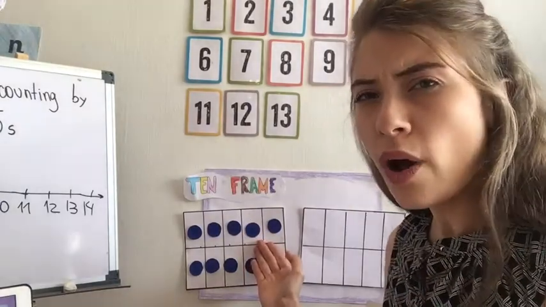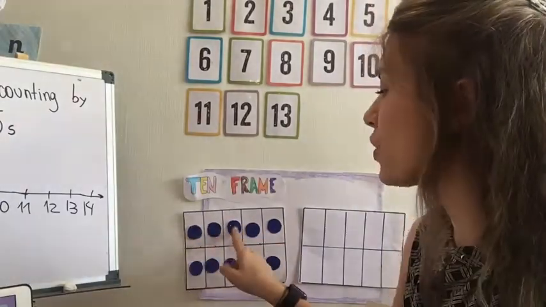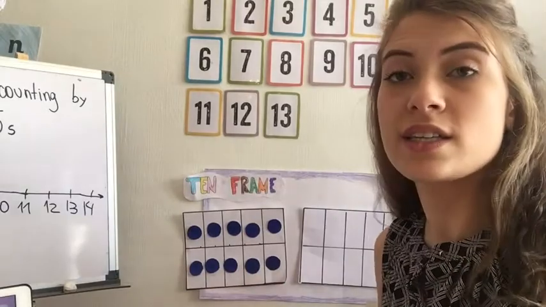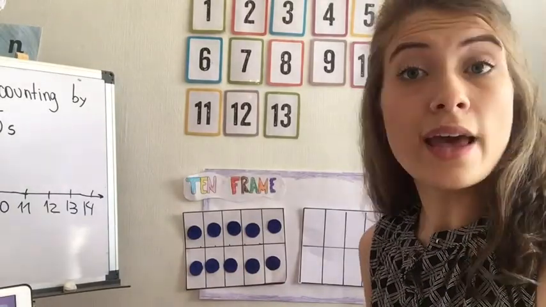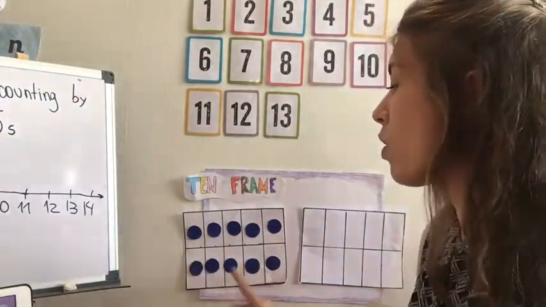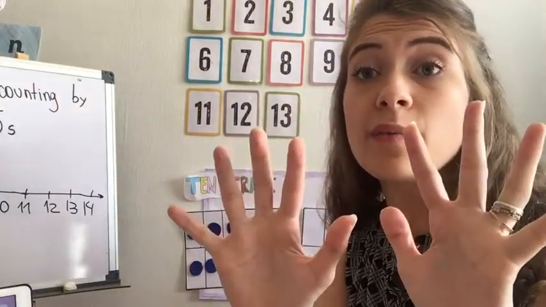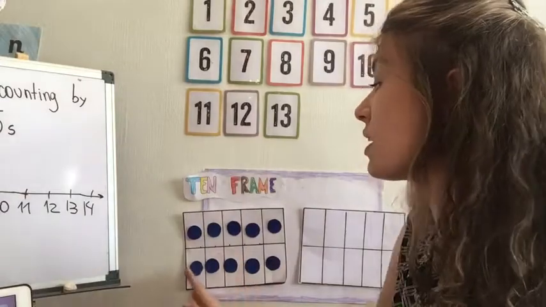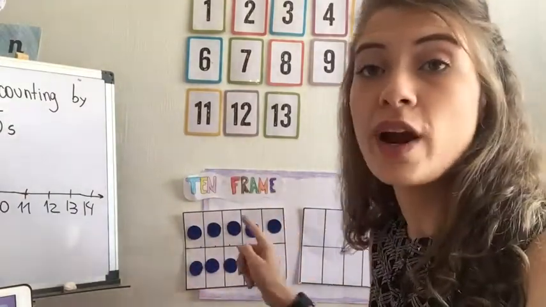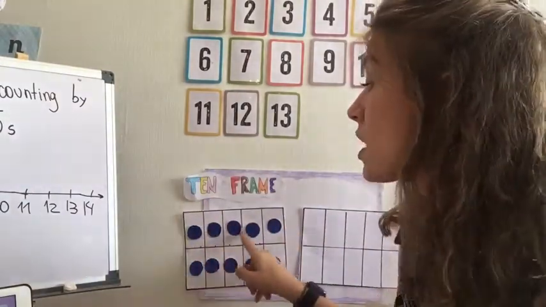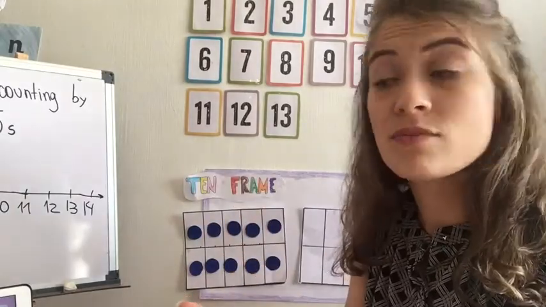Do you know how many counters we can find here in this ten frame? 10, because we know all of these squares here, the total is 10. If all of the ten frame is filled up with counters, we know it has 10, right?